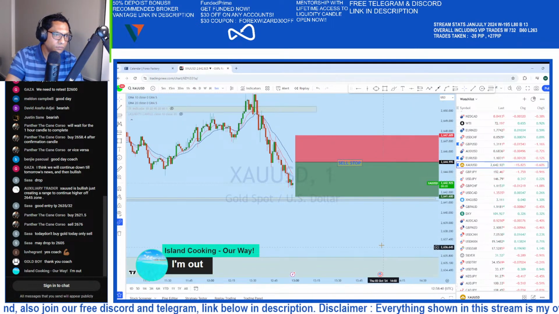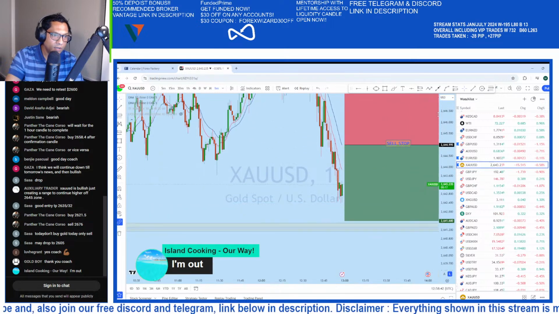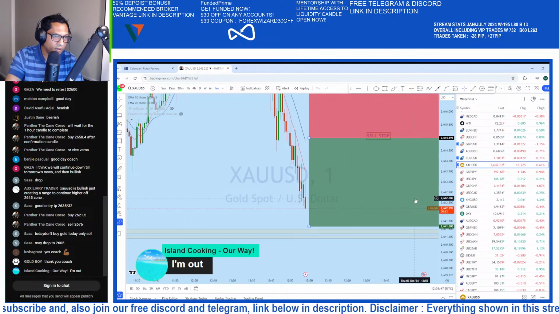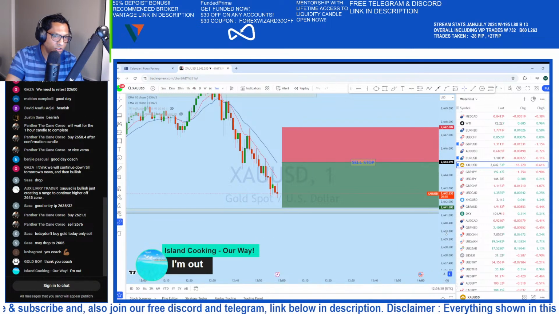And here what we can see, okay, it's forming another liquidity candle potentially.